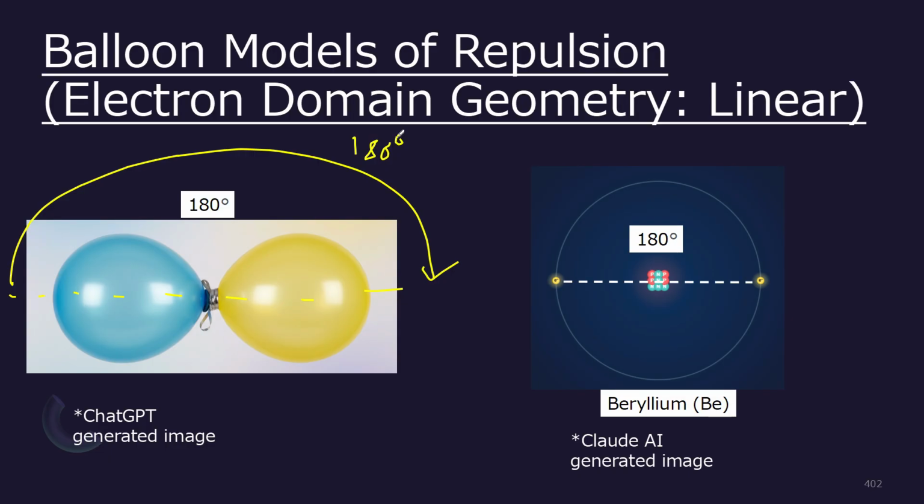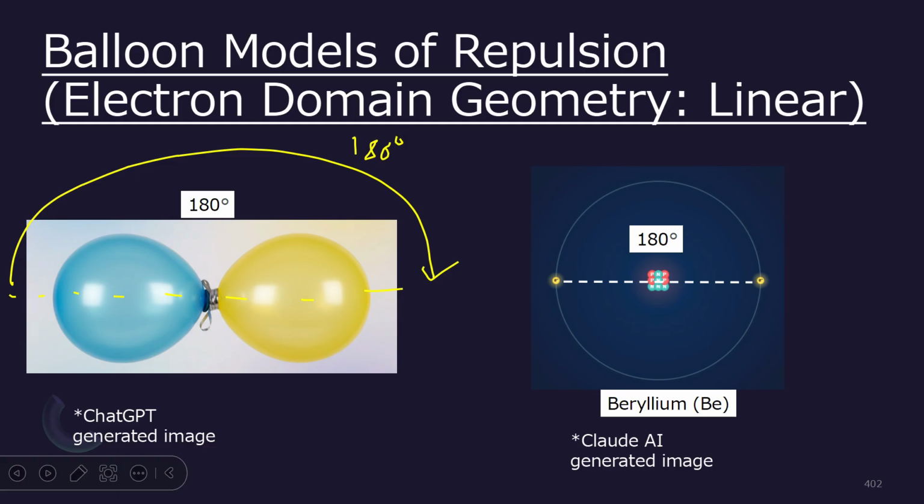When those electrons form domains by sharing with an incoming hydrogen or chlorine or something, we will get two domains, and this will be a 180-degree angle between those bonds. This geometry is known as linear. It's like a straight line, right? Just goes straight across 180 degrees between points.